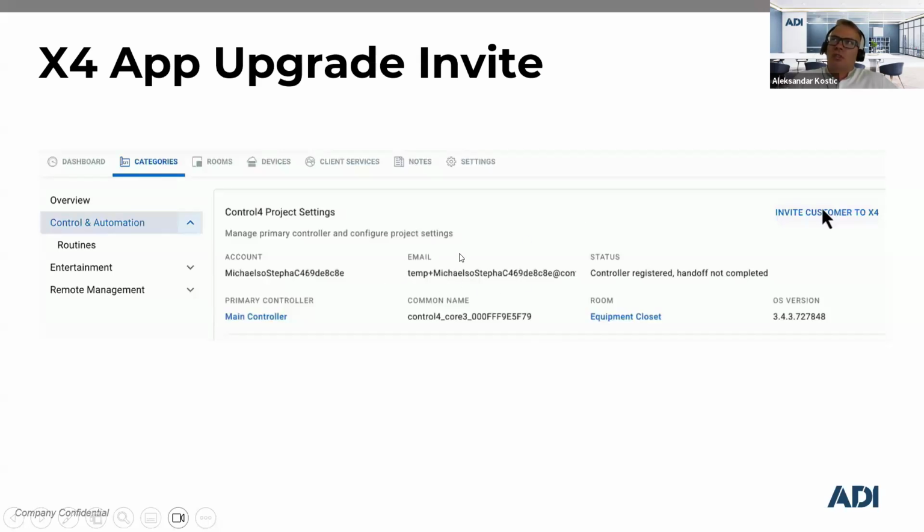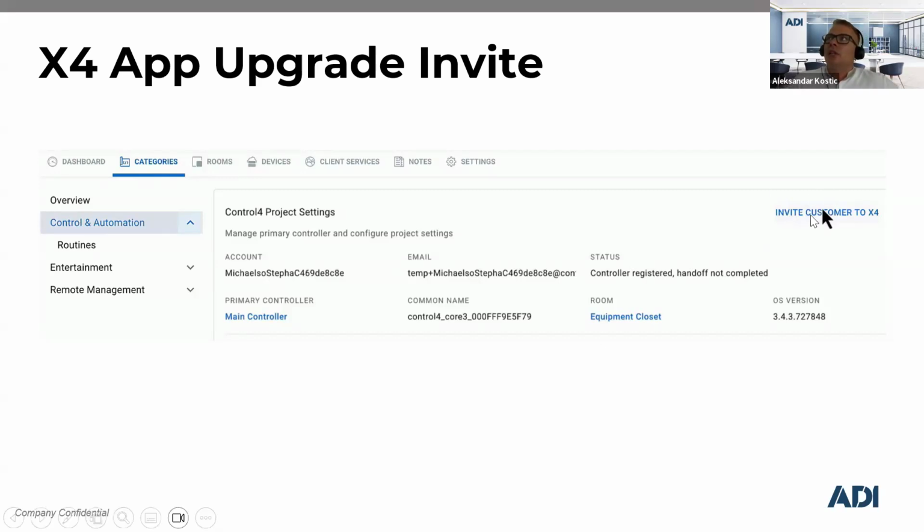This example shows a controller registered with a temporary account, but generally you will have the customer email listed here because handoff should be already done. And if it is on OS3, you will have the option invite customer to X4. So that is the middle step between the final update and the start of the update procedure.